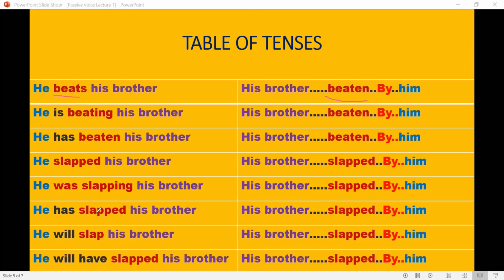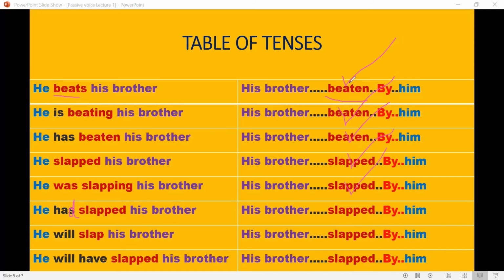This is slapped, past perfect. This is slap, future indefinite. This is slapped, future perfect. We have used beaten in every passive voice of each of these tenses.